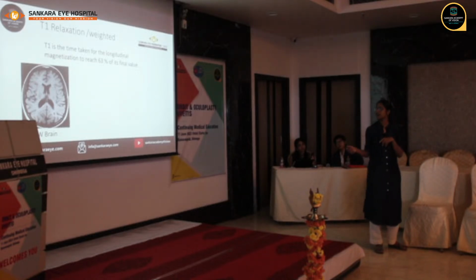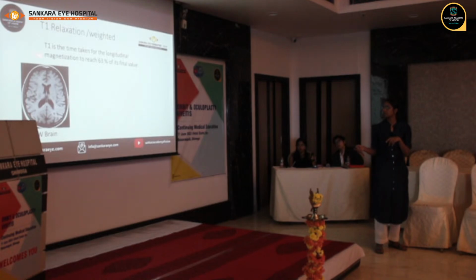The structures which have a short T1 will appear bright, whereas the structures which have a long T1, that is the CSF and water, appear dark in T1 weighted images.